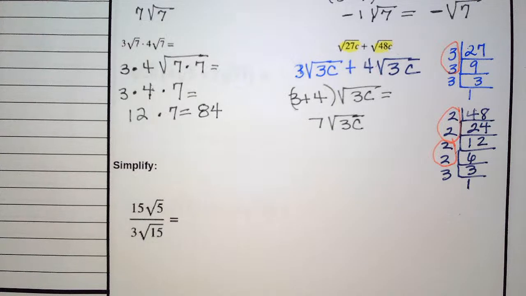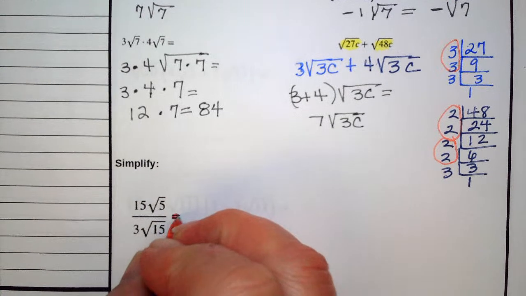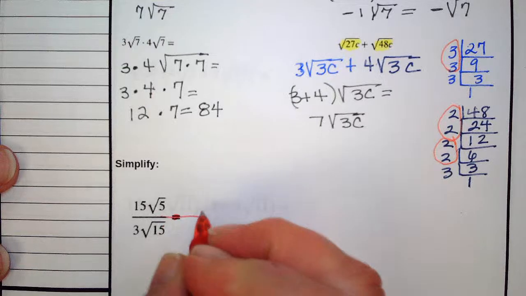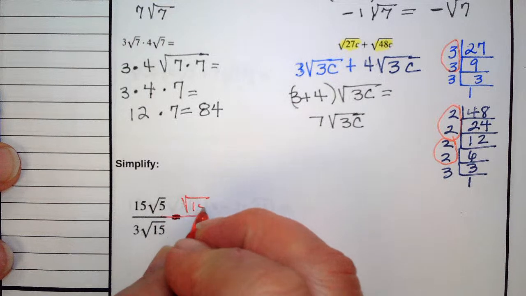On the next one, if we're looking, we cannot leave that radical in the denominator. So we are going to multiply by a funny looking one. We're going to multiply top and bottom by the square root of 15.